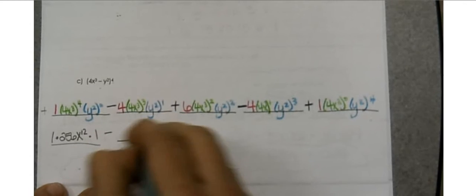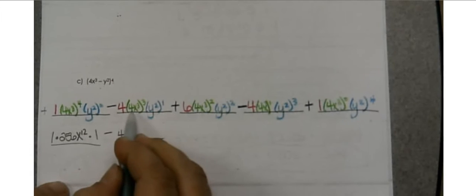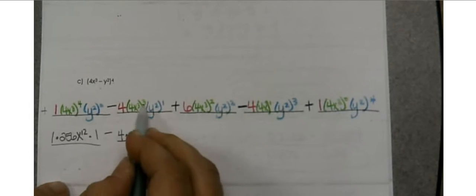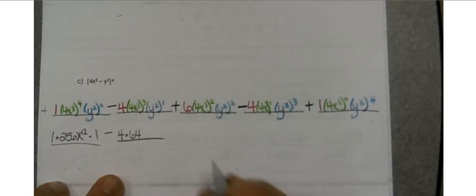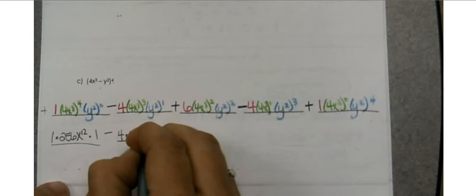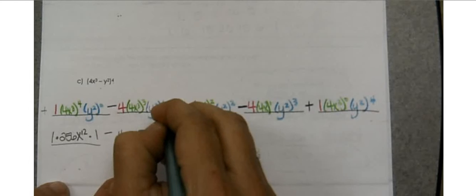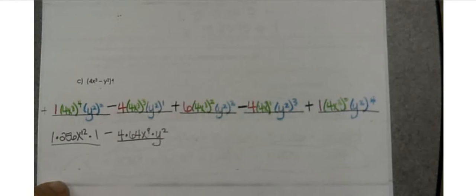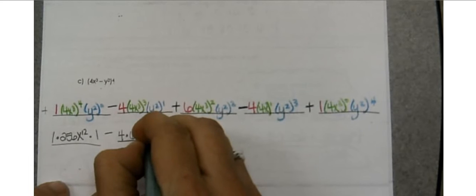Let's do the same thing for the next term. I have 4. Now I have 4x cubed, which means I need to cube the 4. And then cube x cubed, so I multiply those exponents together. Y squared to the first is just y squared. This is a 9, I don't know if you can see that.